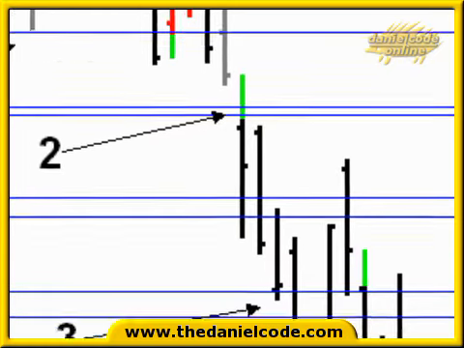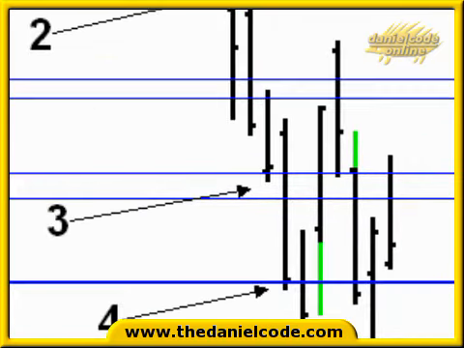We move on to arrow number 3. You'll see that daily bar came down, opened at the Danielcode number 976, traded up just through the Danielcode number above it, came back and closed on the Danielcode number. That's another form of recognition. We see markets closing on the Danielcode numbers.